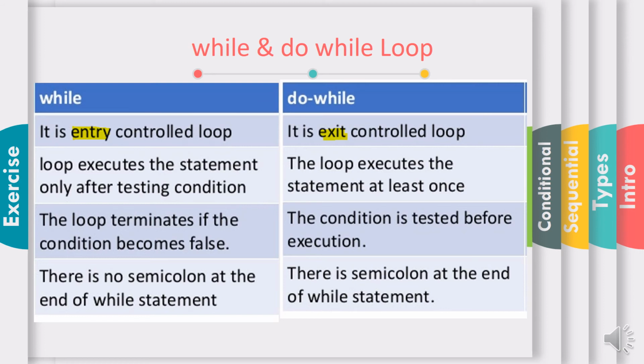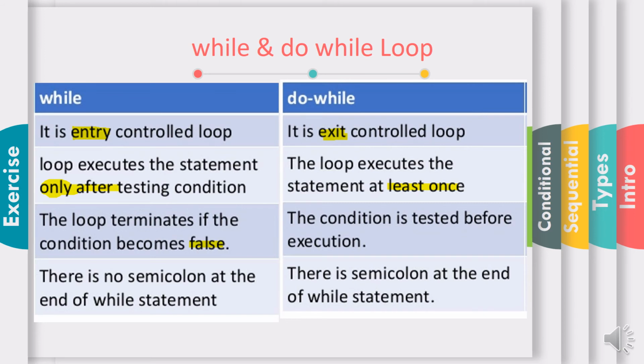While loop executes the statement only after testing the condition. If the condition is true, then the loop will be executed. But in do while loop, the statements execute at least once even if the condition is false. The loop terminates if the condition becomes false.